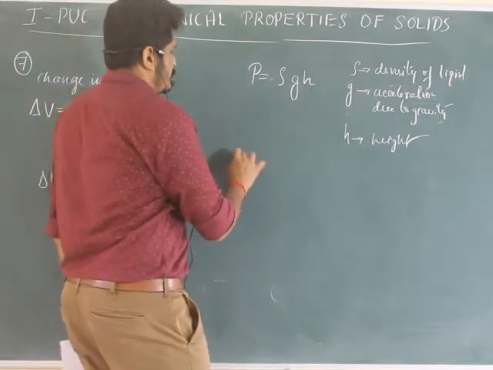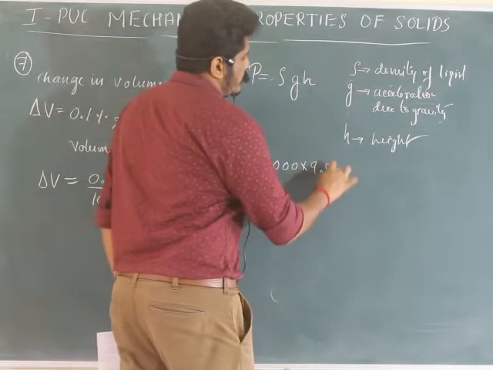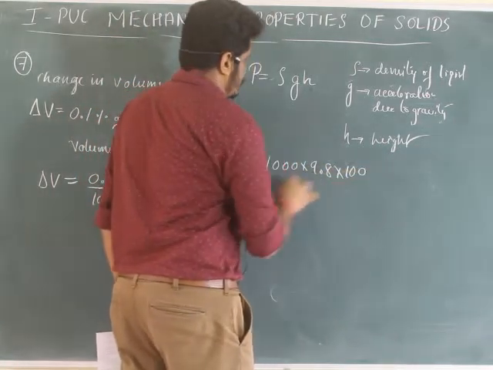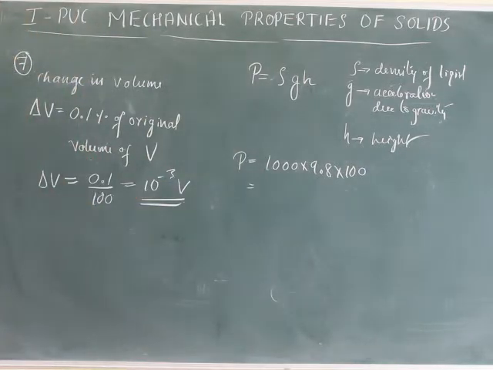So, let us calculate. 1000 into 9.8 into 100. So, check, calculate now. What's the answer you have to tell me? No, you cannot tell me, but you have to write down there on the notes. So, answer is, check your answer.